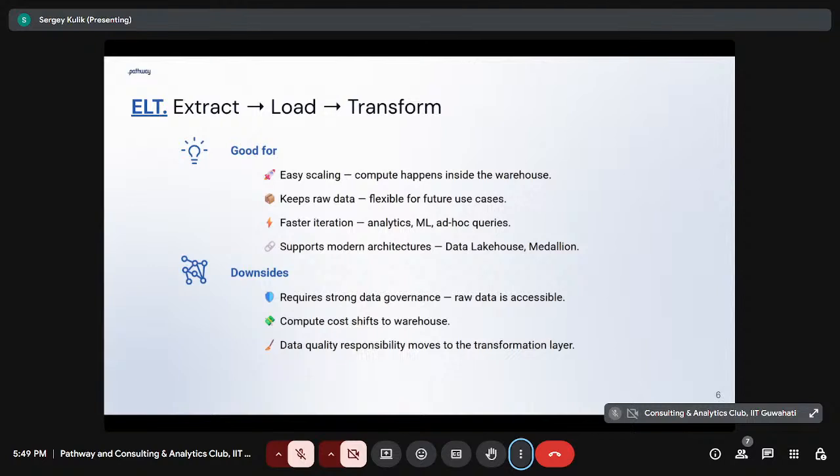So when we switch to ELT, it has the upsides and downsides that were connected with what we have already discussed, because we get easier scaling. If we need to have more robust transformations, we can just add the resources to the analytics cluster, and that would be it.